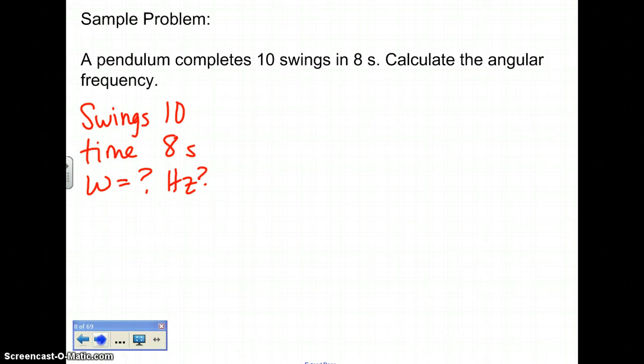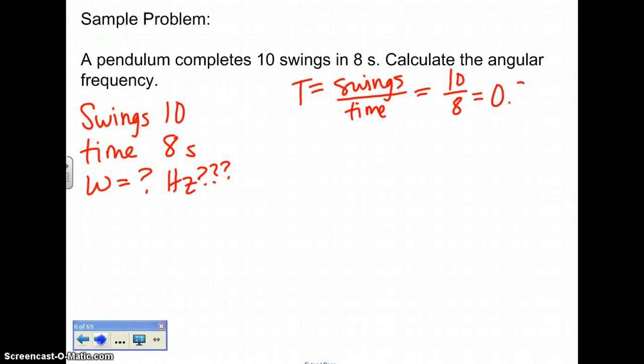I'll put a couple of question marks beside that. Period is your time per swing, so your period equals 8 over 10, which is 0.8 seconds. It's not a final answer, so we're not going to box it.